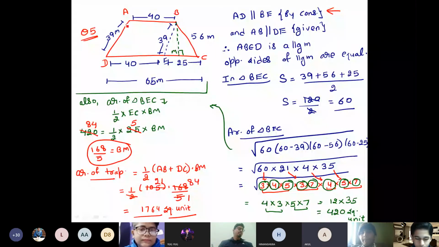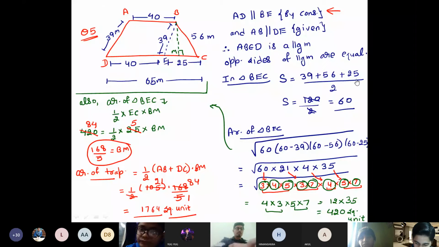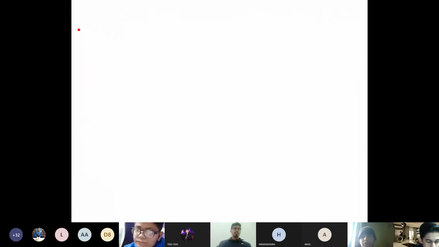Now see, students, moving forward to the next question. All of you just see question number 7. What is given to us in question 7? The area of the trapezium of altitude 3 meter is given.